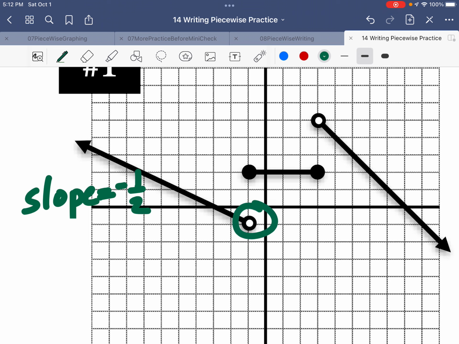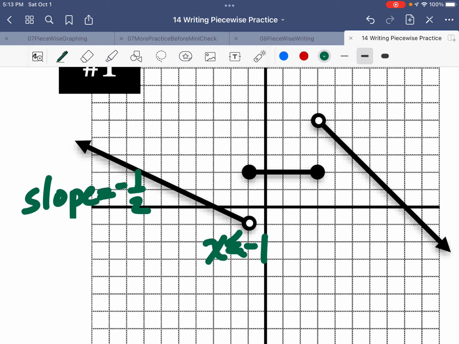You're also going to want to highlight this point right here, specifically its x value. Honestly, its x value is -1, and you want to conclude that the graph is going to the left of -1. Well, left means less, so we're going to be thinking of that as a less than sign.